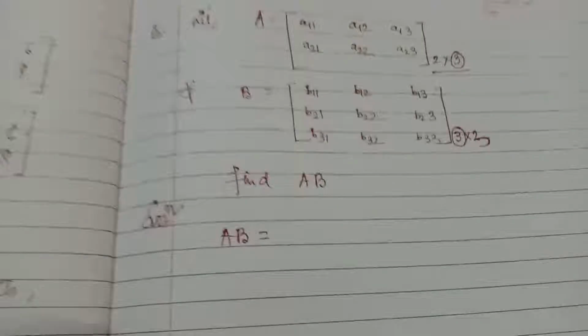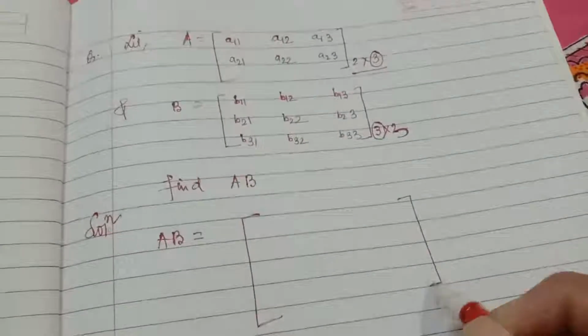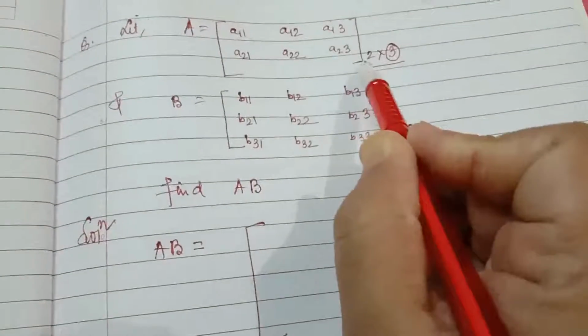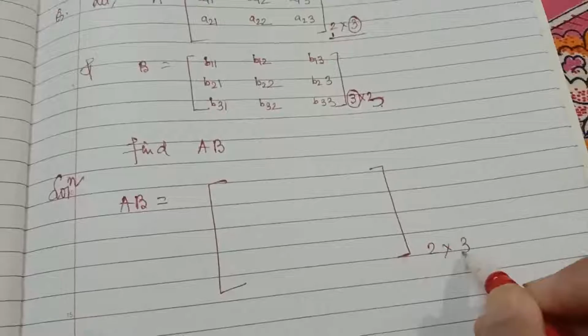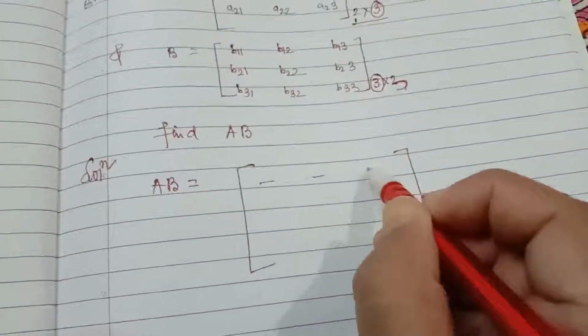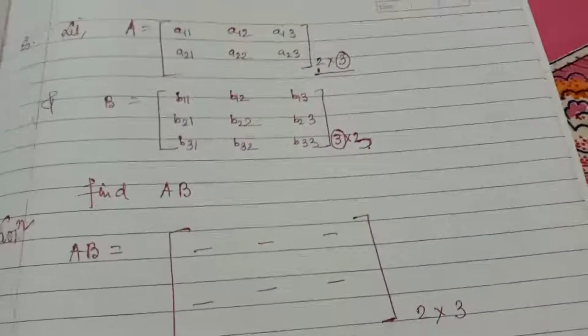And what will be the order of AB? The order of A into B will be 2 by 3. This matrix will have 2 rows, first row and second row, and 3 columns.